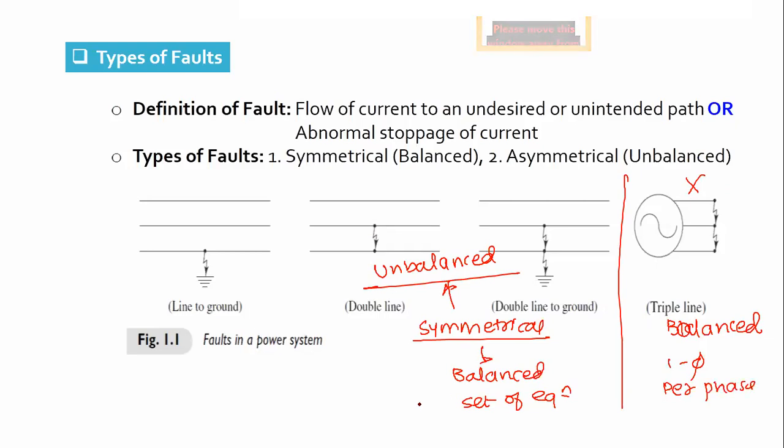Here we also carry out per phase analysis, but after converting it into a balanced set by using symmetrical components. Understand the difference between symmetrical and unsymmetrical fault?